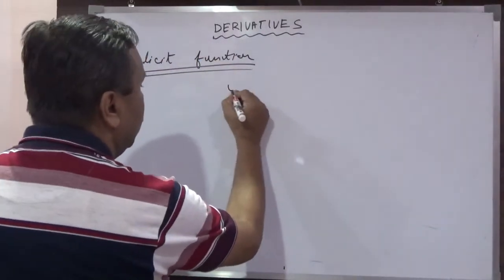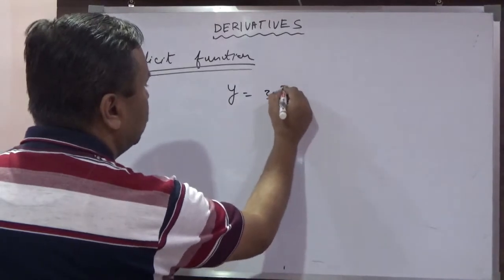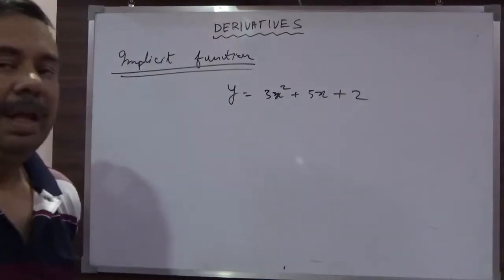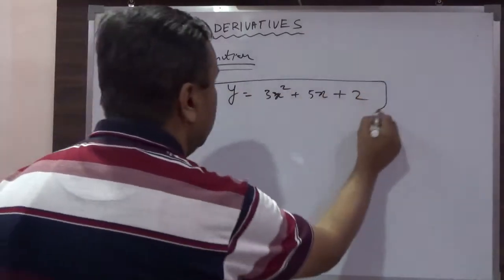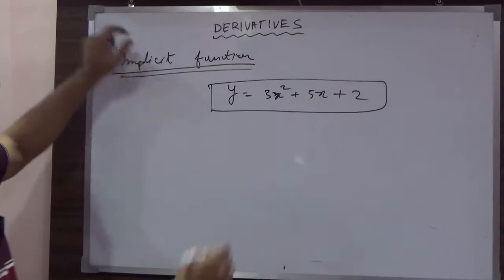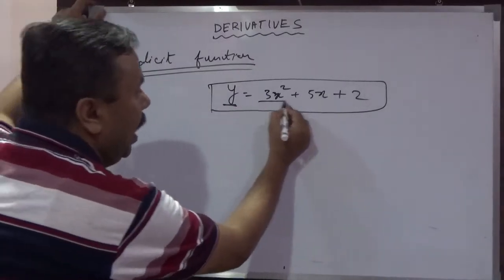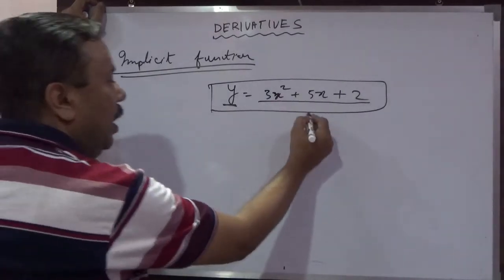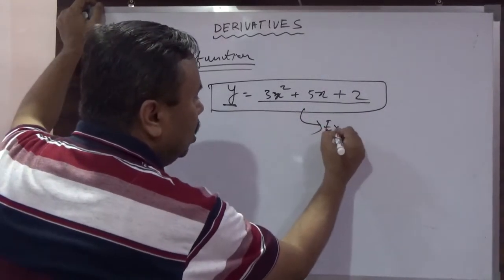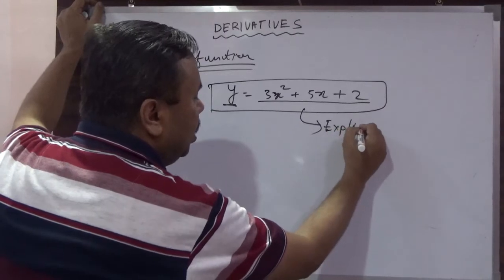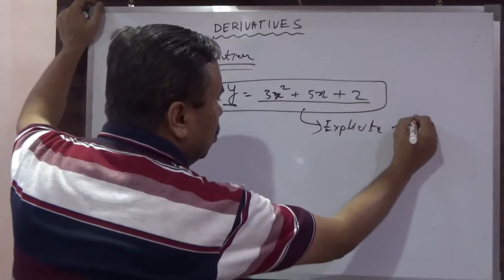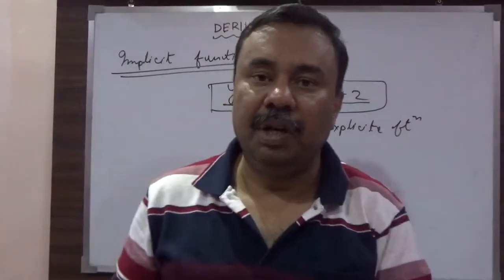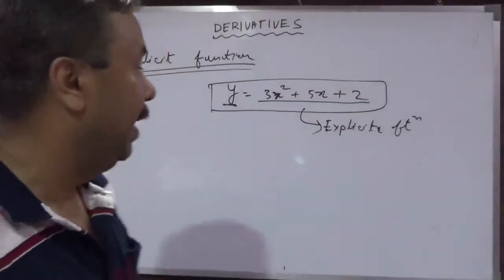Suppose that you are given y equal to 3x square plus 5x plus 2. In this case, you have expressed y separately as a function of x. So this type of function is called an explicit function. But there may be some conditions where y will not be easily expressed.